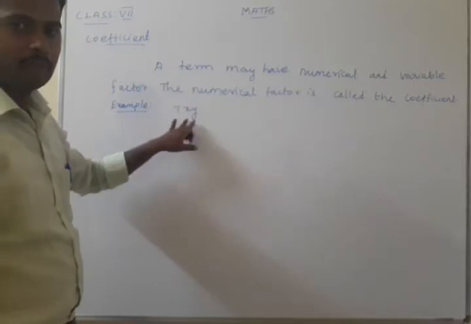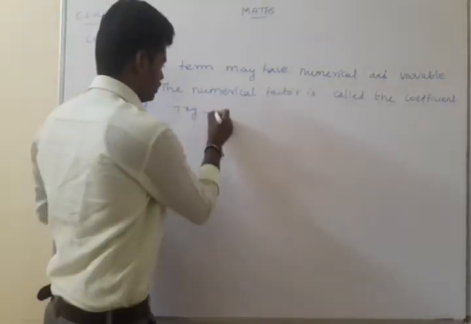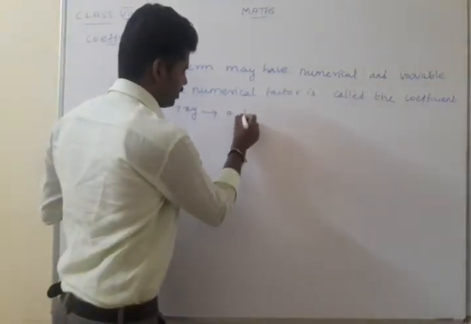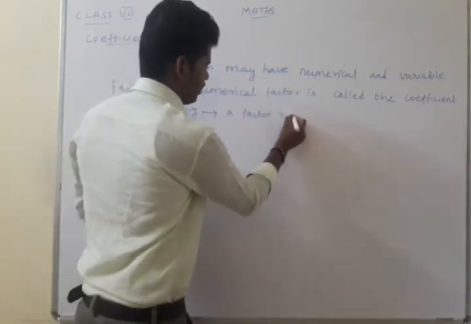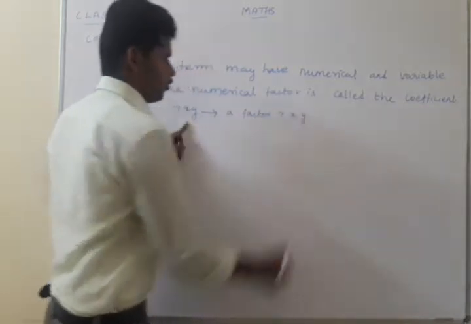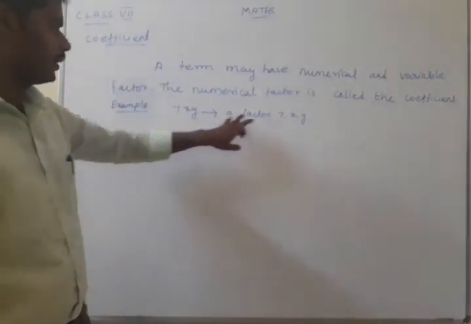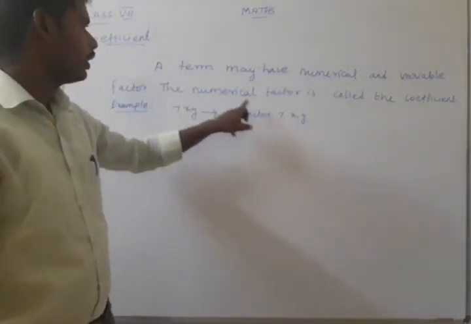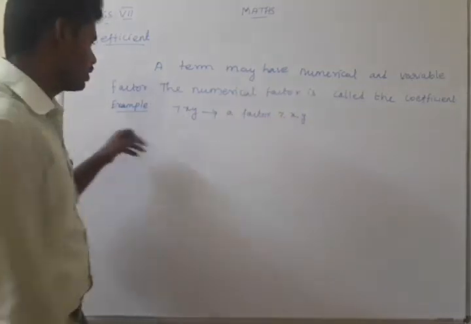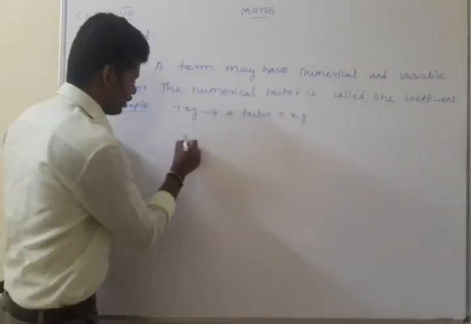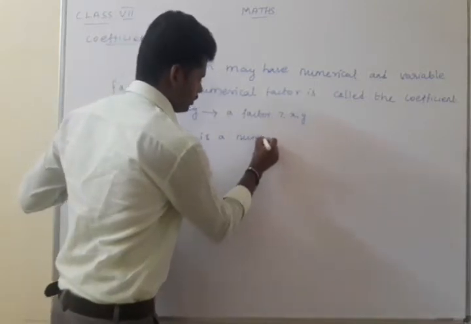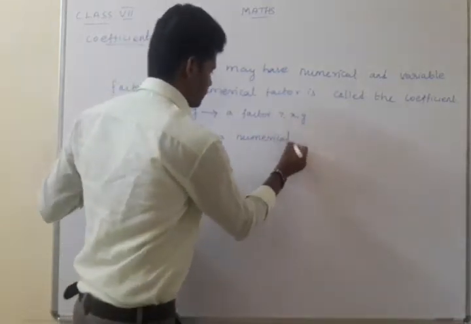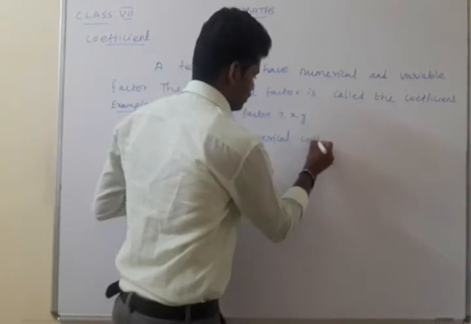Numerical and variable are both present. Here 7 is the numerical factor, the numerical coefficient.